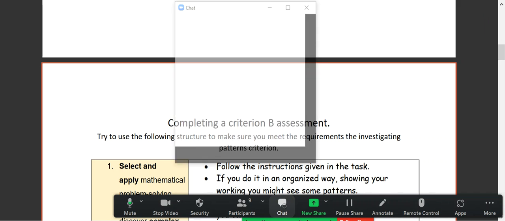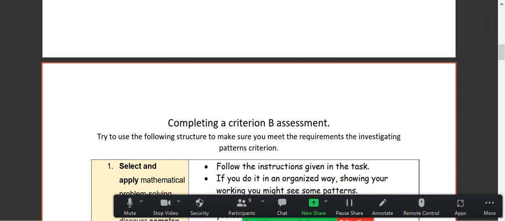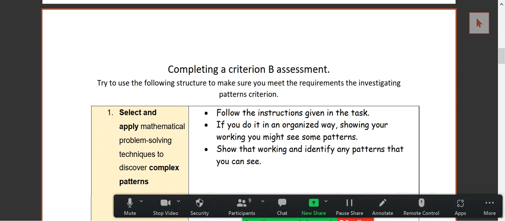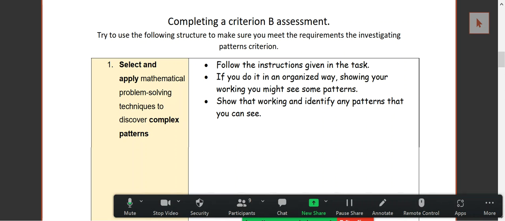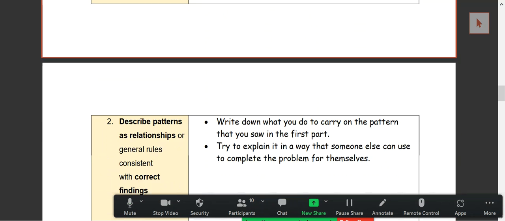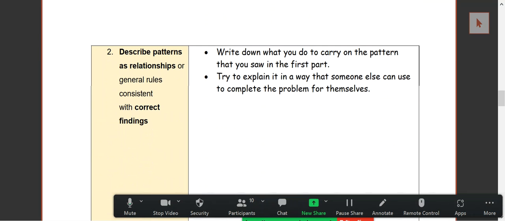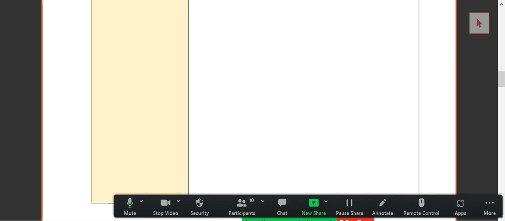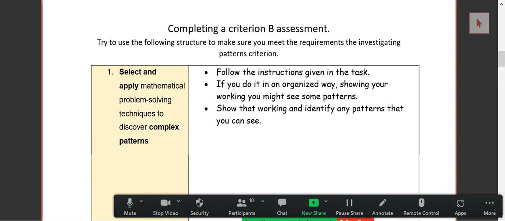I didn't highlight it to you, but it is there. It needs to be changed at times, but I've tried to give you an idea. These are the strands for a 7 to 8 level Criterion B, M2 and M3. I've tried to give you a sheet that will guide you through a Criterion B assessment.